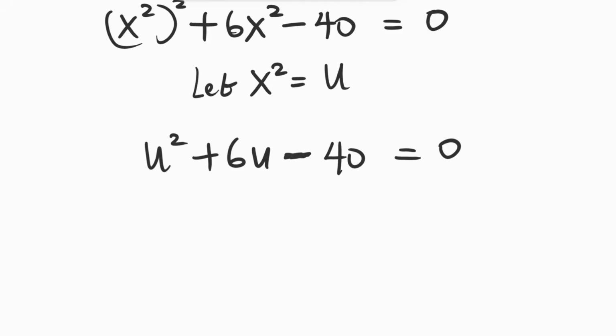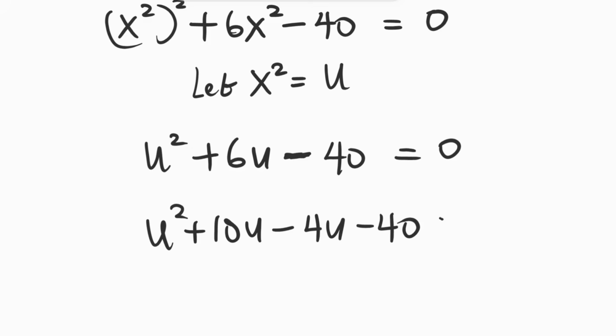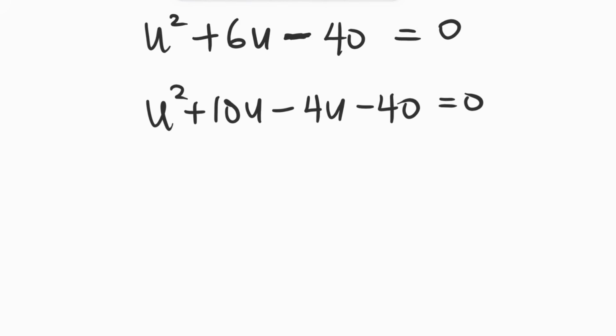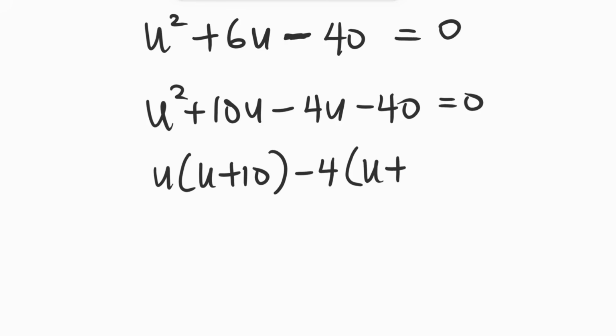So that's the perfect one, 10 and minus 4. Now let us work with 10 and minus 4. So we have u squared plus 10u minus 4u minus 40 equals 0. Now we have u into u plus 10, and minus 4 into u plus 10 equals 0.